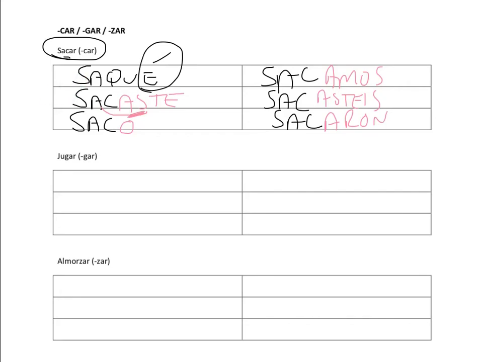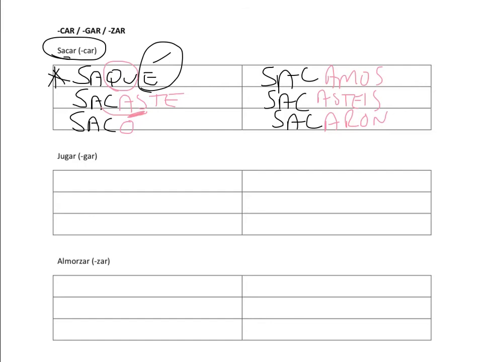The yo form is the only one that we really ever need to change and worry about, because that's where the pronunciation gets messed up. So we don't say sase, we say sake. Sacaste, saco, those are all fine. Those all make a k sound, like in sacar. But here that would get messed up, so we changed the C to a QU. All we did was change that C to a QU.